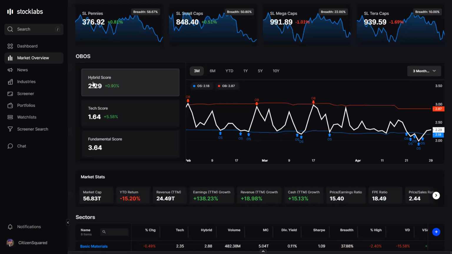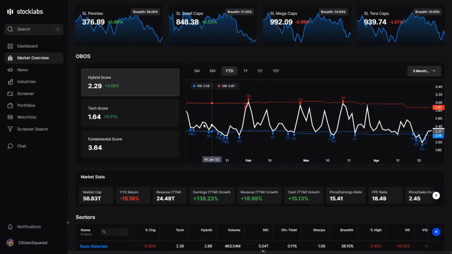Now, everything receives a fundamental score, a technical score, and a hybrid score. The hybrid score is a combination of the tech score and the fundamental score. So hybrid score is about 70% technical score and 30% fundamental score.